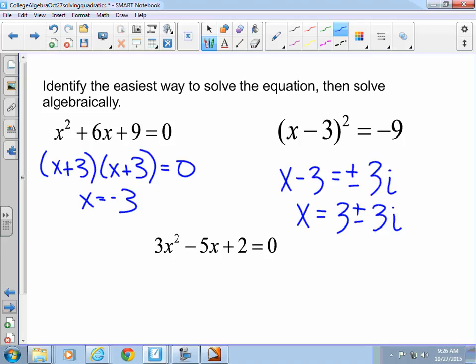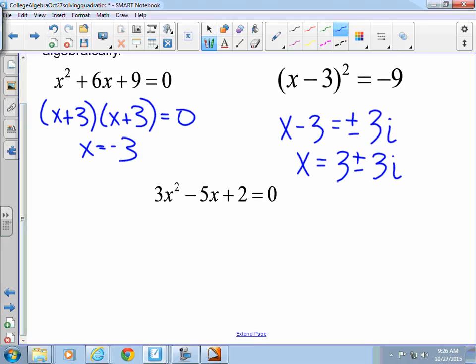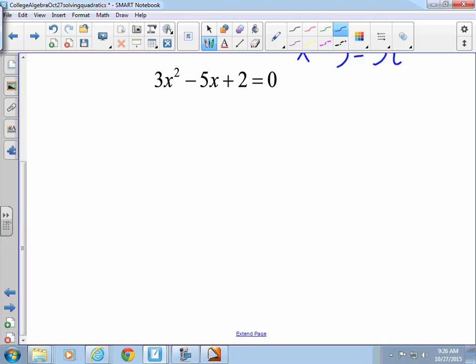I'm going to show you both options, and then on your homework, if you cover one like this, you get to choose. If I'm factoring, 3 and 1, 1 and 3, and 1 and 2, adding to get 5, 3 plus 2 gives you 5.